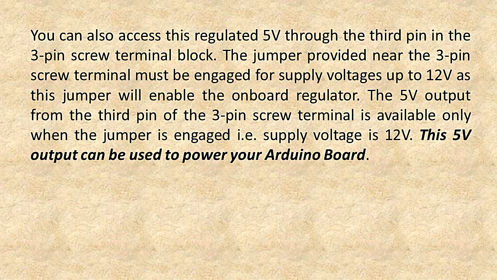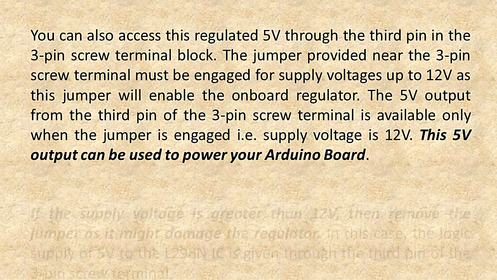The jumper provided near the 3-pin screw terminal must be engaged for supply voltages up to 12 volt, as this jumper will enable the onboard regulator. The 5 volt output from the 3rd pin of the 3-pin screw terminal is available only when the jumper is engaged, that is, the supply voltage is 12 volts. This 5 volt output can be used to power your Arduino board.